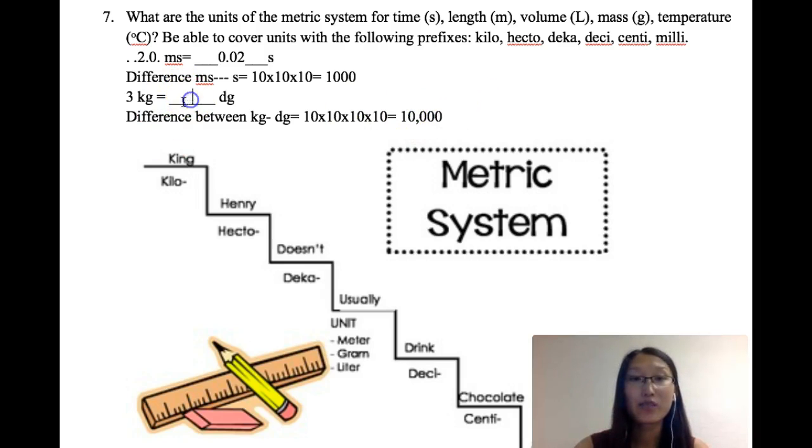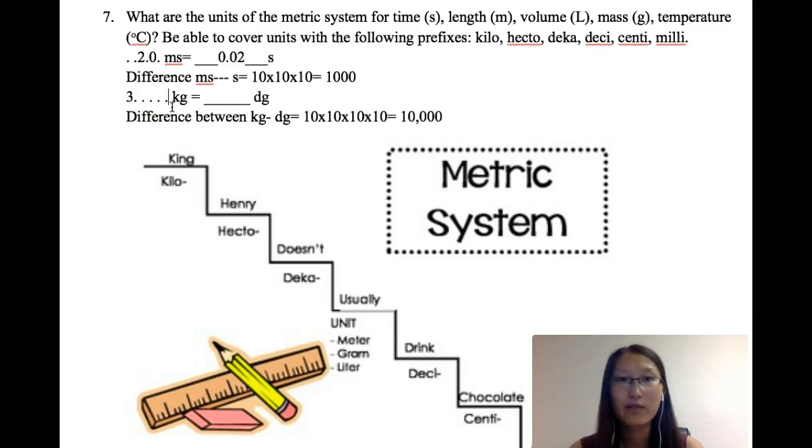Okay, since we're going from a larger unit, kilogram, to a smaller unit, decigram, right here, you want to move the decimal to the right. And since we're doing 10,000, you're moving it to the right 4 times. 1, 2, 3, 4, right? We're jumping 4 times. So your decimal initially starts right here, and you move it 1, 2, 3, 4.